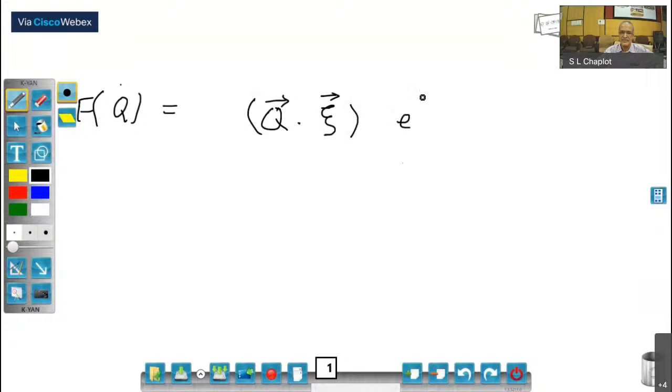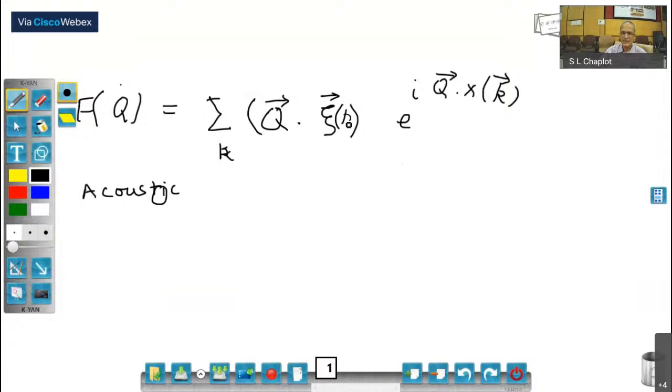And then you also have the normal term that we have in case of even diffraction, and you have some overall terms. There are other terms here. Okay, the expression is already given to you. Now, for an acoustic mode, the value of the eigenvector component or the polarization vector is really the same for all the atoms.